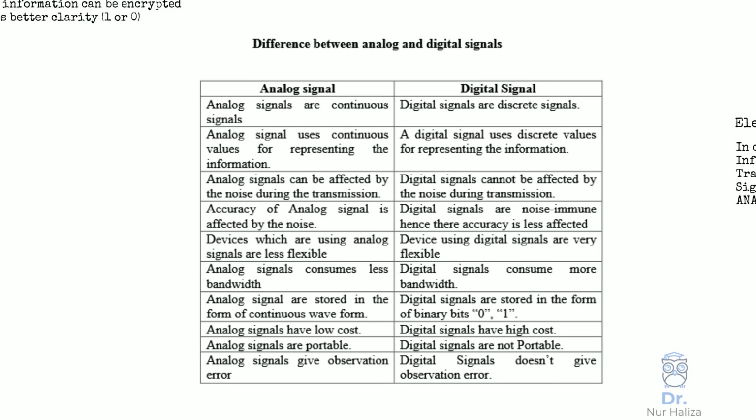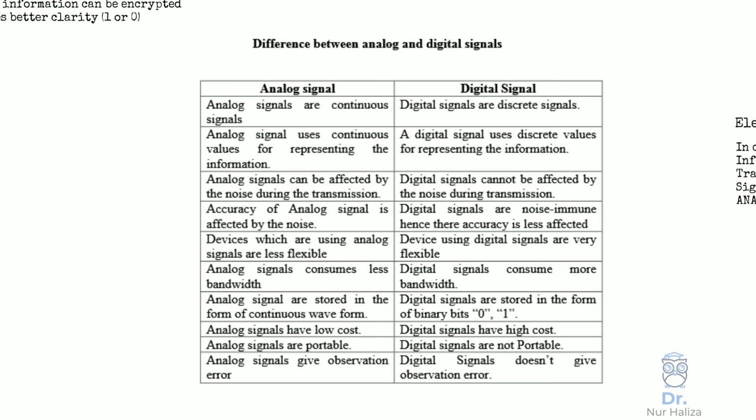First, an analog signal is a continuous signal, while digital is a discrete signal. Analog signals are used continuously to represent information, while digital signals use discrete values.